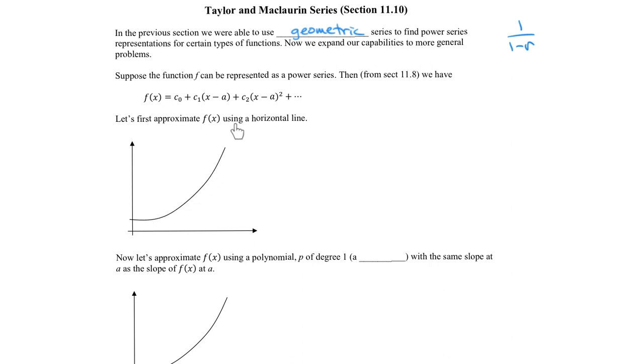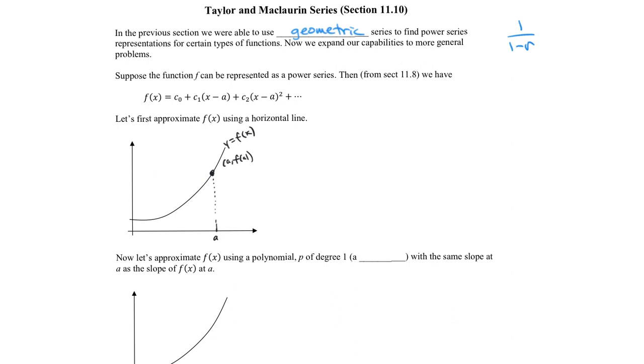And let's first approximate it using a horizontal line, at a particular point. So let's say we've got this point on the number line, a, right? Since this is y equals f of x, this point right here on the curve is the point a, f of a.